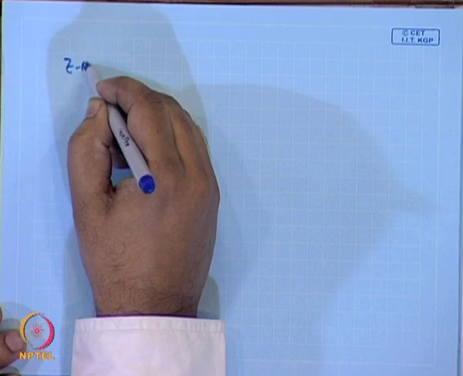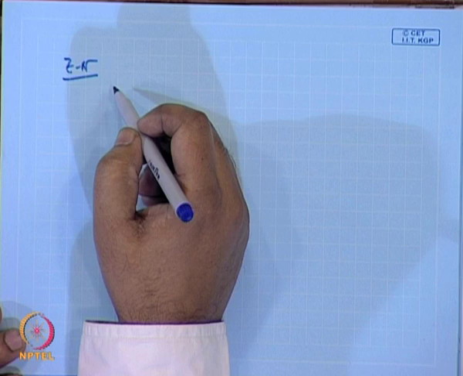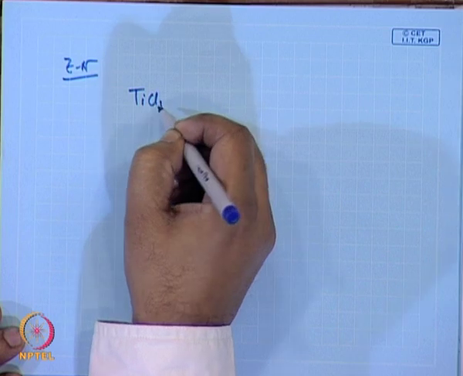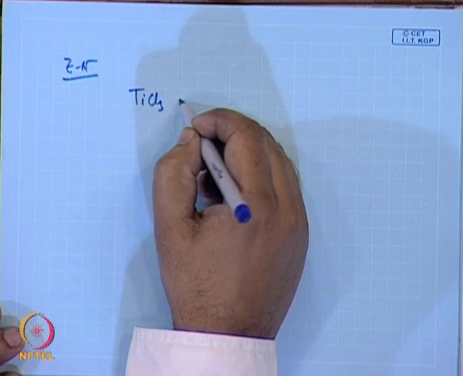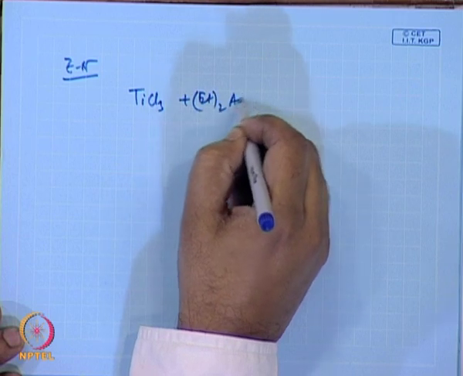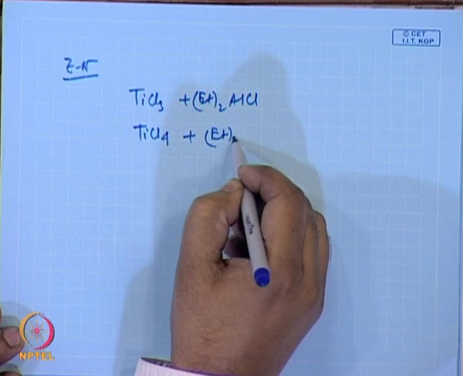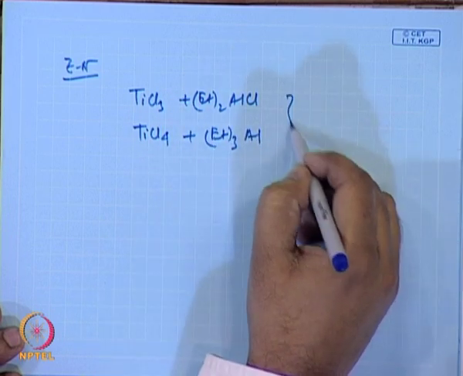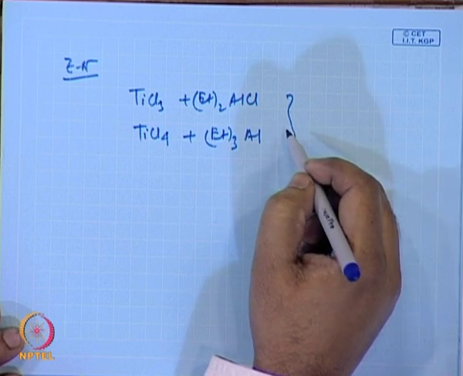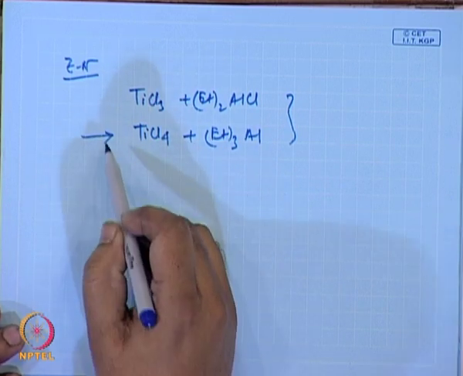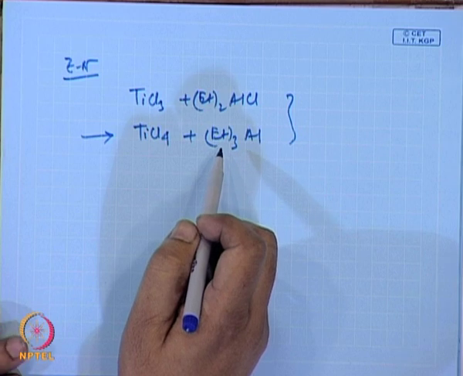Most of the examples of Ziegler-Natta catalyst are from titanium, say titanium dichloride with Et2AlCl, or titanium chloride plus AlEt3. Most of the important industrial polymers are made from these, and this is the original catalyst combination used by Ziegler.